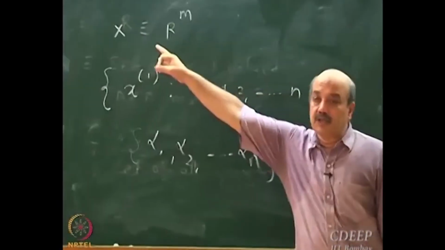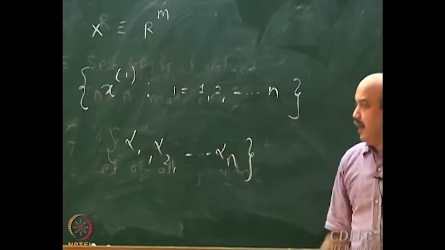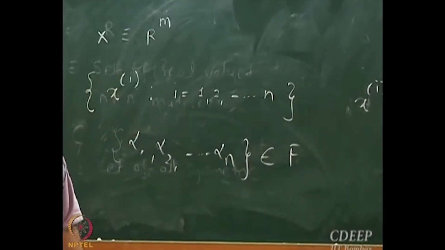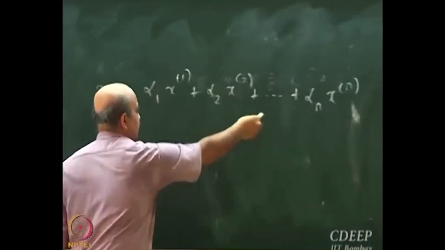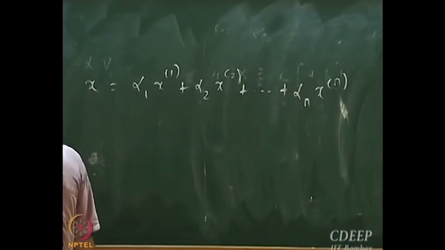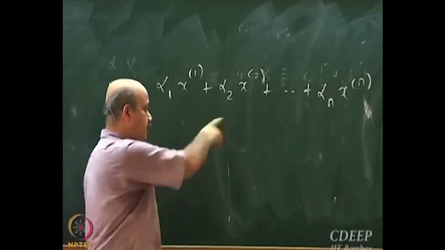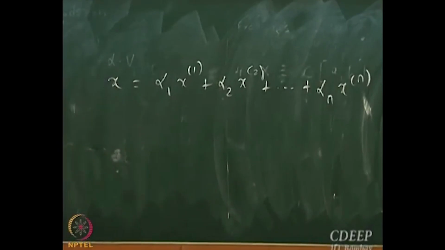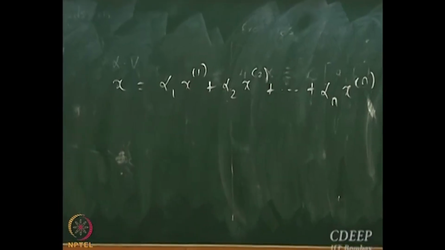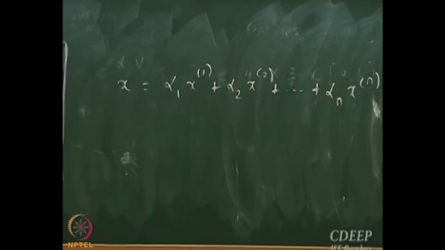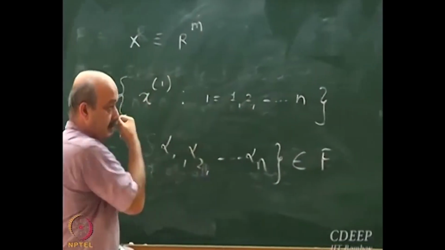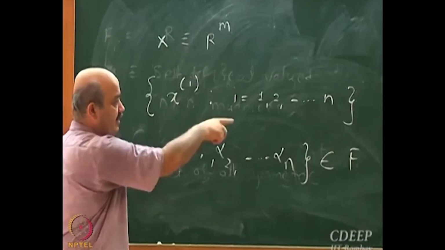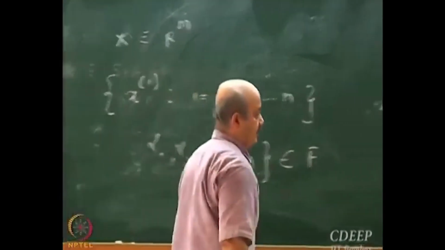This is a set of vectors belonging to space X, and alpha 1 to alpha n are arbitrary scalars belonging to the field F. If we take all possible linear combinations of these vectors, they give a special subset that is called a span.